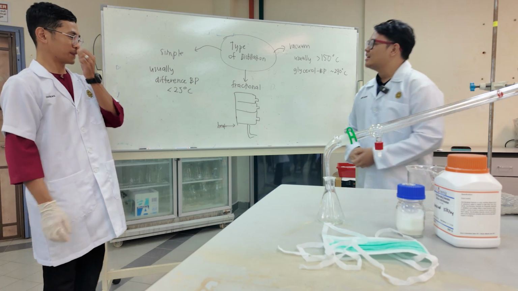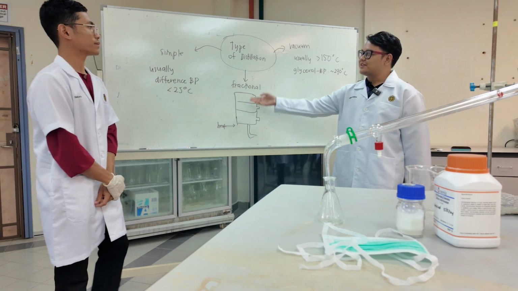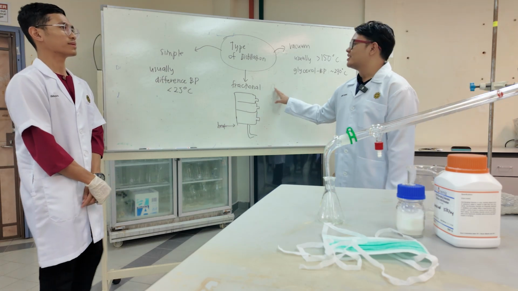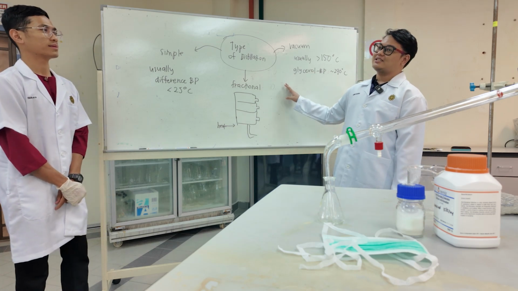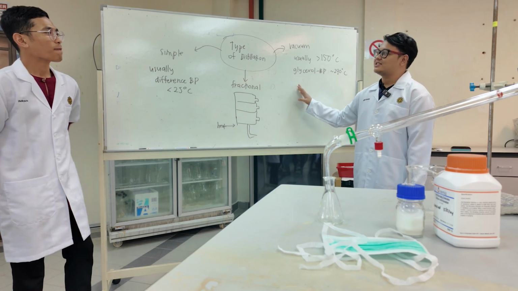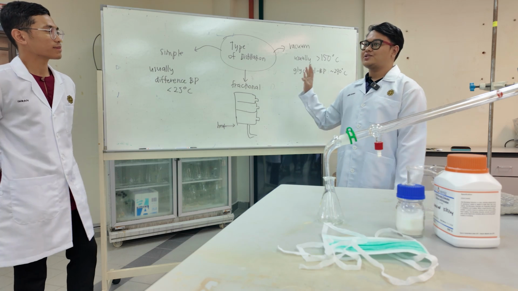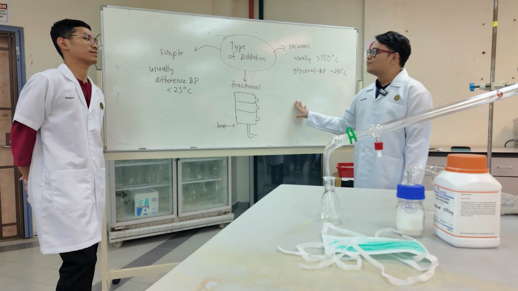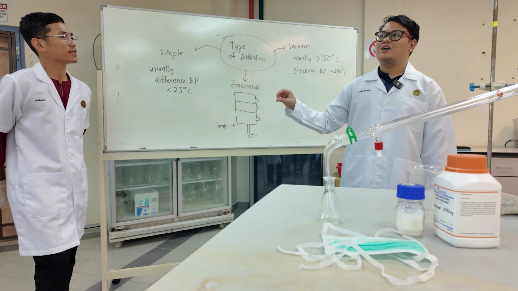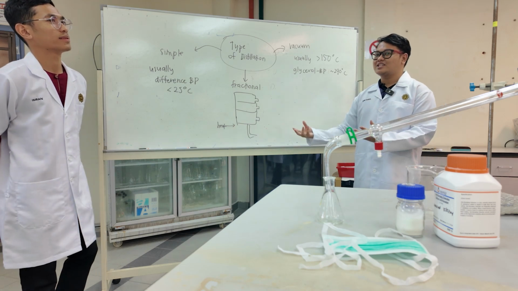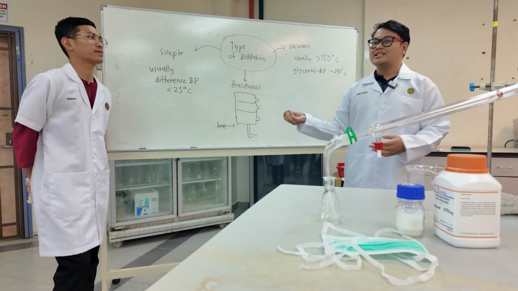Okay, so next, we know that there are different types of distillation, right? Now we also need to know why distillation is very important. Distillation is a type of separation technique that we use in industries. It is crucial because in industry, many mixture solutions need to be separated.